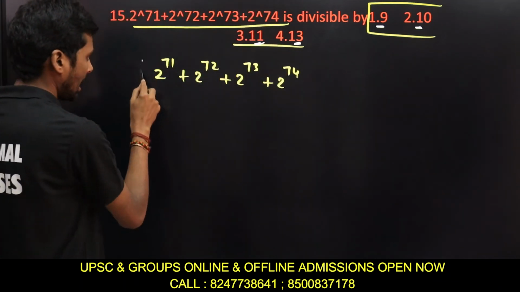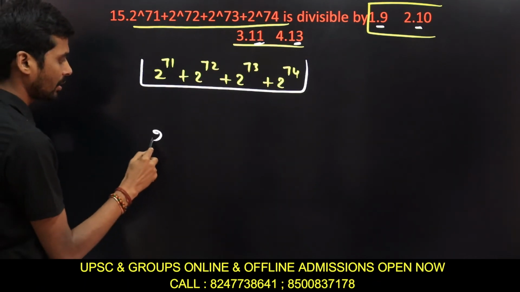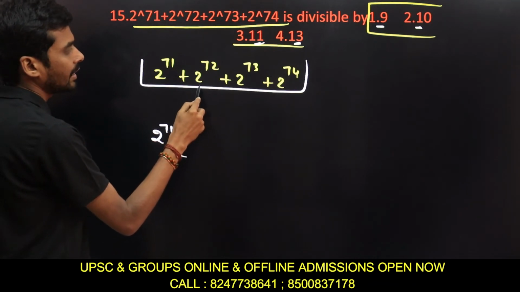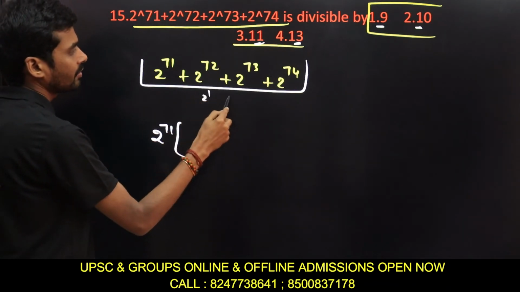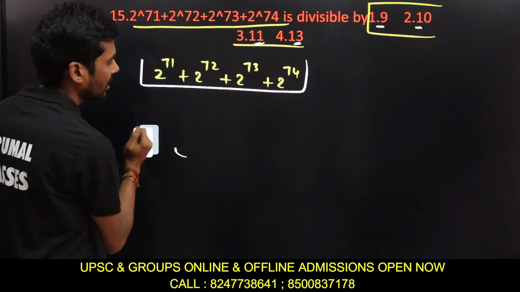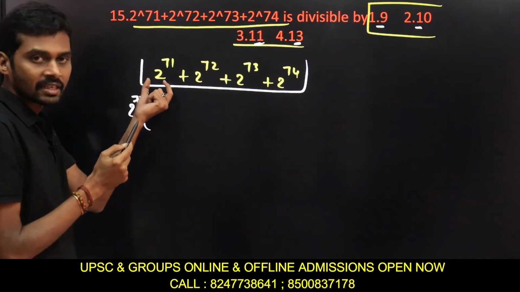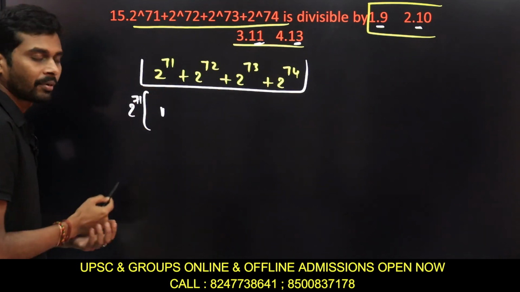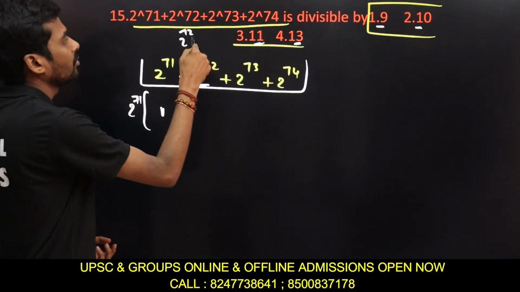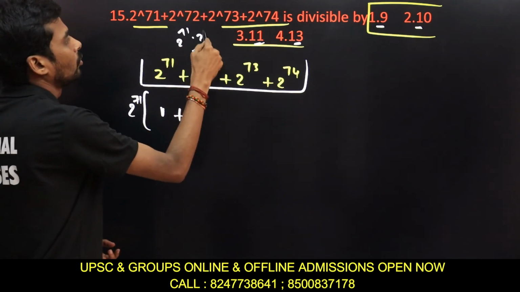By the way, if you have this kind of problem, we can say that 2 power 71 is the common number, right? Because we can write 2 power 72 as 2 power 71 into 2 power 1. If I take 2 power 71 common, the remaining part of the first term is 1.